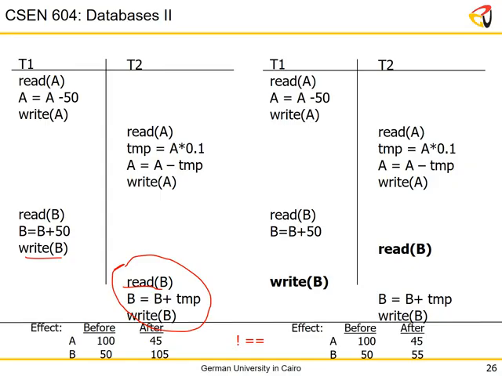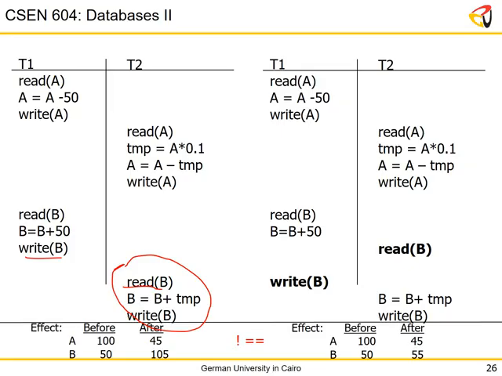So now I'm running T1, I read B, I add 50, and I'm just about to write this 50 added to B. When a context switch happens, now I'm running T2 again, and I read B. Okay?